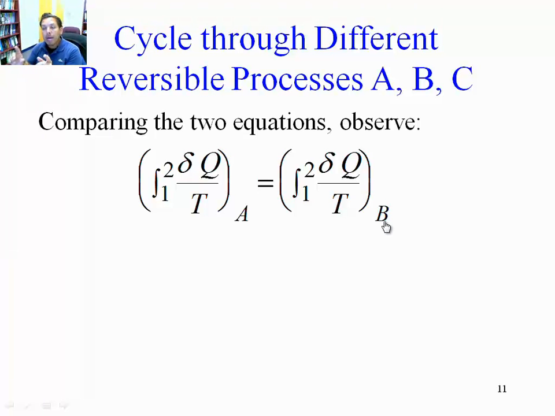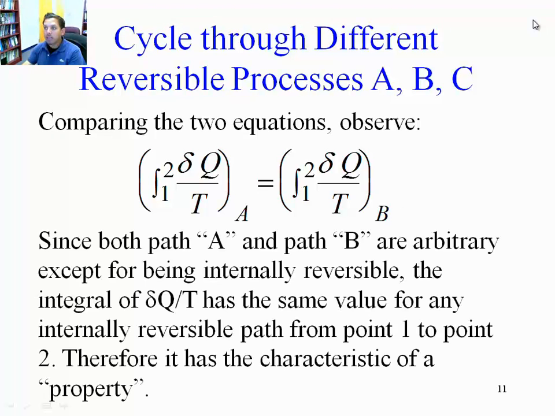So the conclusion is, since both path A and path B are arbitrary, just any shape that will take us from 1 to 2, except that both are internally reversible, the integral of dq over t has to be the same for any internally reversible path from 1 to 2. So basically, the integral of dq over t is path independent as long as the path is internally reversible.